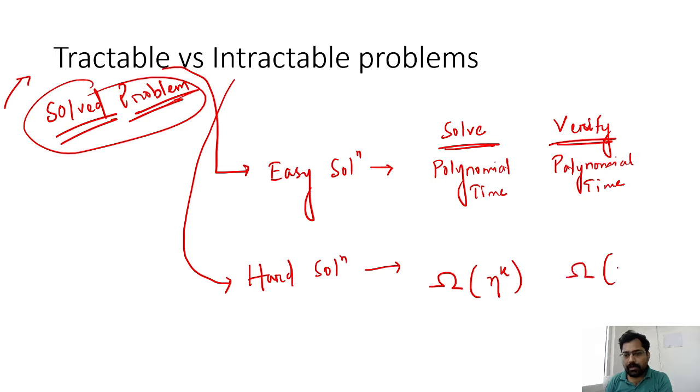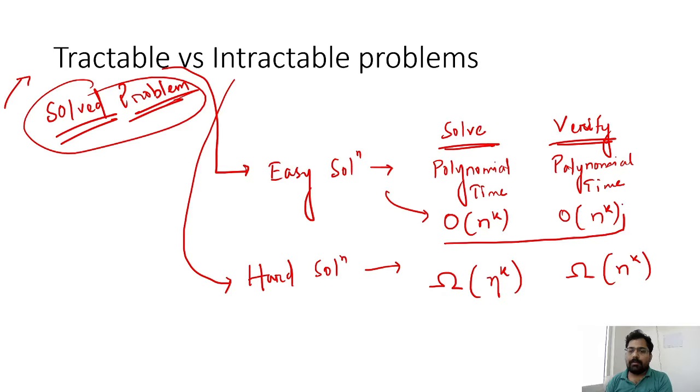Here also verified with n to the power k. Here the concept we must write is big O of n to the power k, verify also big O of n to the power k. Why am I writing in this order?